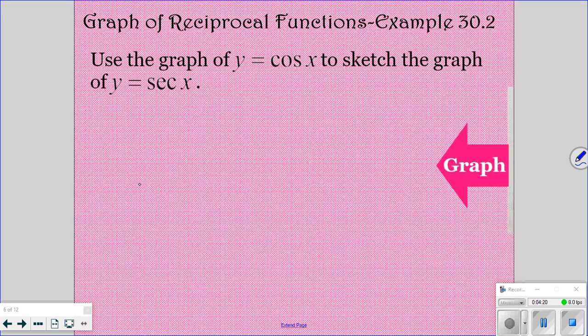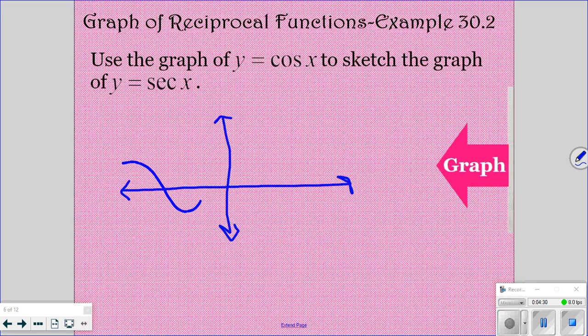So I'll do it in blue here. So this is pi over 2 and 3 pi over 2, negative pi over 2, negative 3 pi over 2.